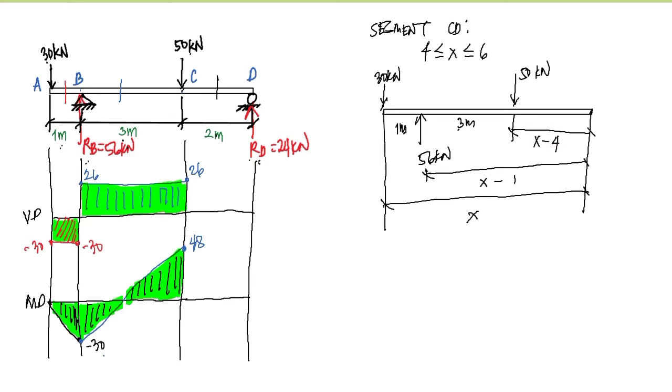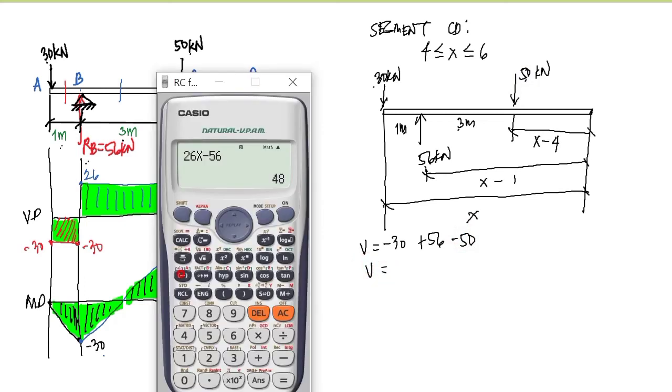Okay, so for the shear equation, we have the shear is equal to all of our vertical forces, so that's negative 30 plus 56, that's upward, minus 50 because it's downward. So we have here the shear is equal to negative 30 plus 56 minus 50, and this is equal to negative 24 kilonewton.